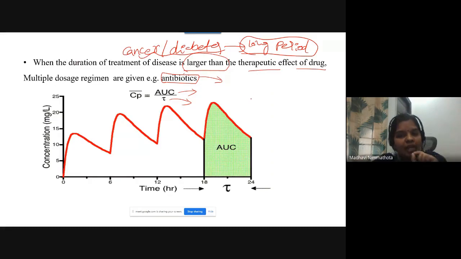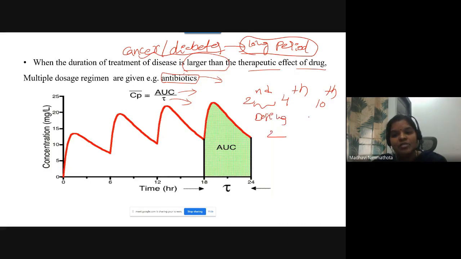Suppose you can take the drug at the second hour, then after that at the fourth hour, then the 10th hour. These differences are nothing but the dosing intervals. Here the difference is 2 hours and here the difference is 6 hours. Irrespective of the dosing interval differences, you can calculate the tau. This is called tau.